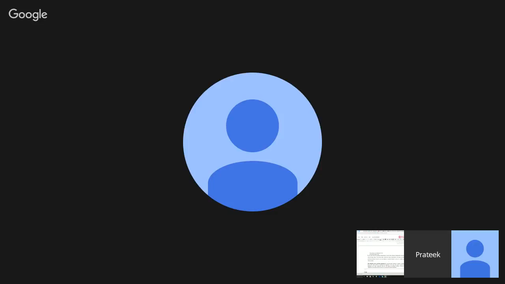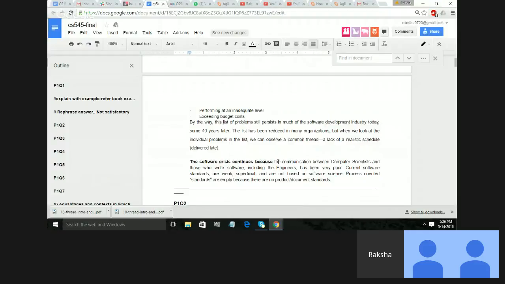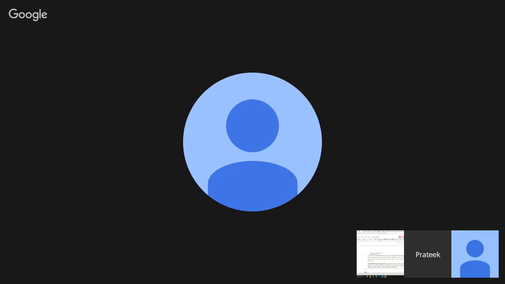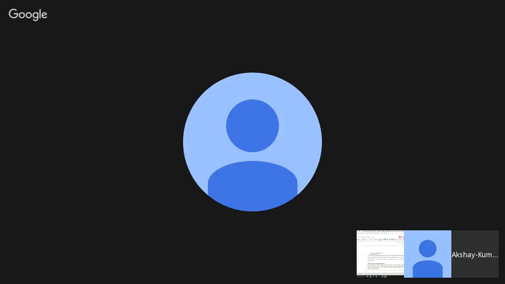Secondly, in the section on why the software crisis continues, where it starts, you need to add a few extra points or extra lines. I think the content is less for this. But when you rephrase your answer, your content will automatically increase because the above points will be covered in this.